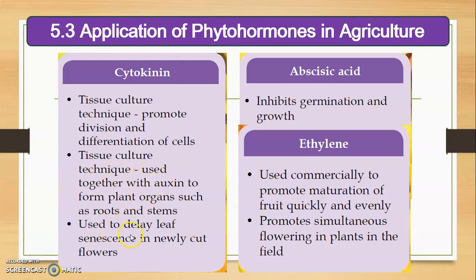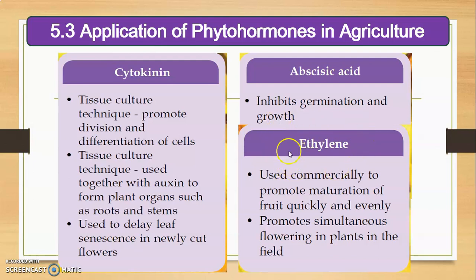Okay, and then it is used to delay leaf senescence in newly cut flowers. Delay leaf senescence maksudnya untuk melambatkan kematian daun tu, ya, in newly cut flowers. Okay, for abscisic acid, it inhibits germination and growth of the plant, right?